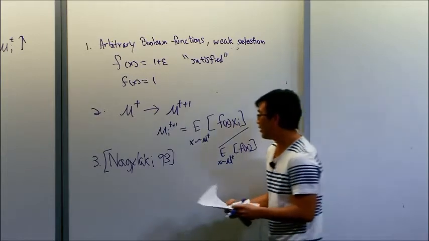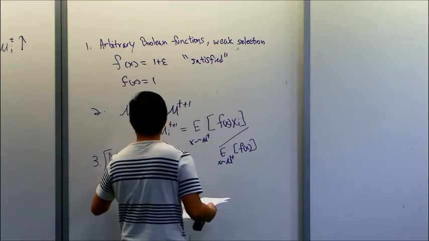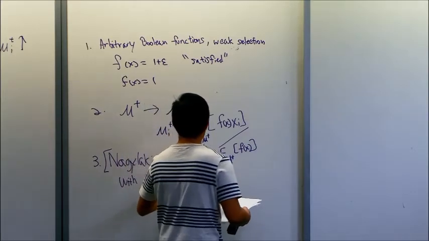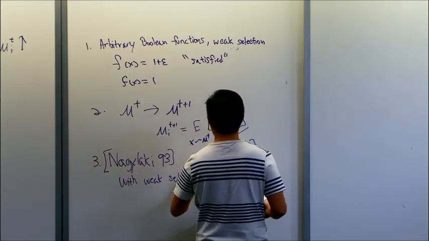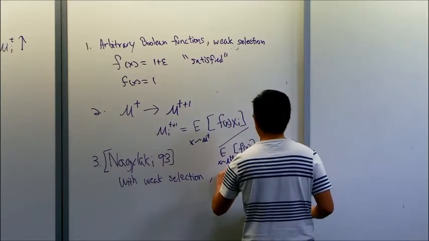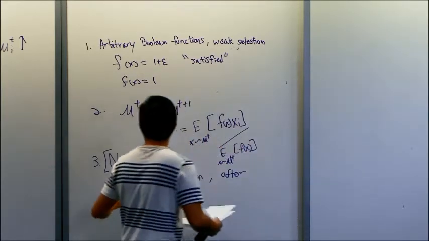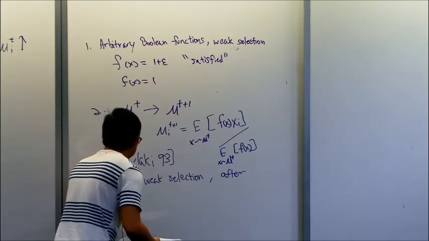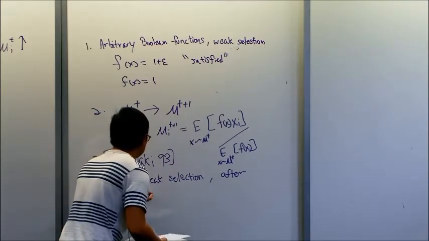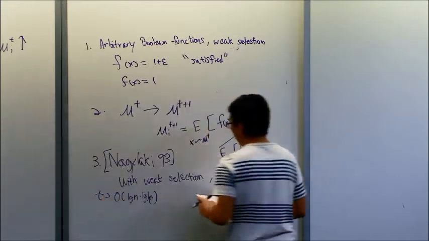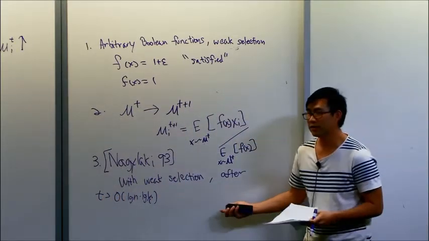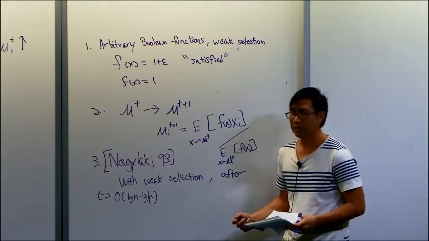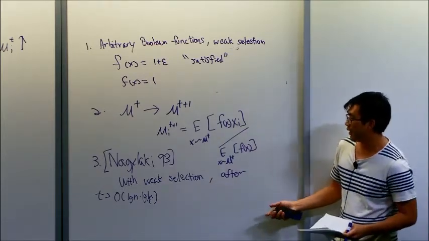And Nagalaki's theorem says that with weak selection, after enough generations, the process we consider over the right manifold will be a good approximation to the actual process.